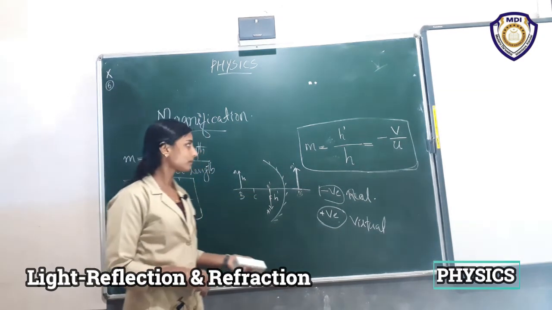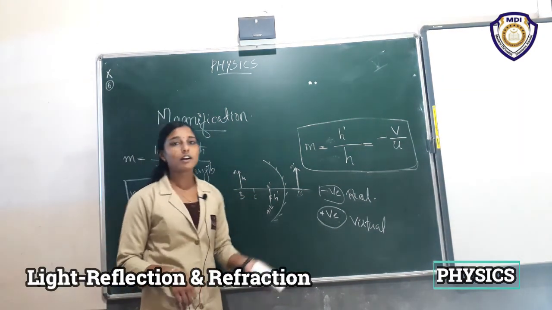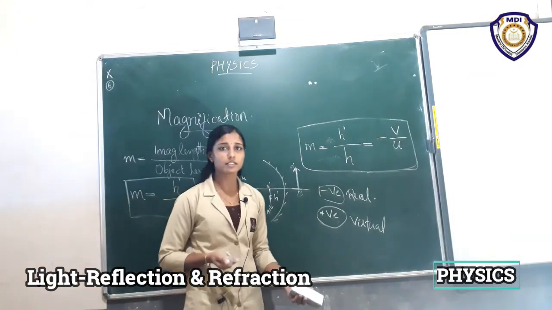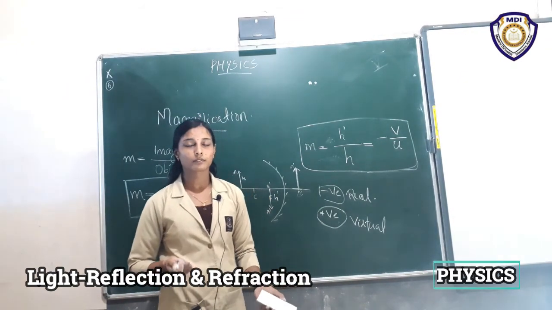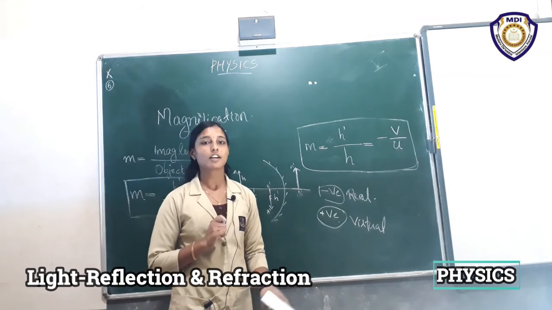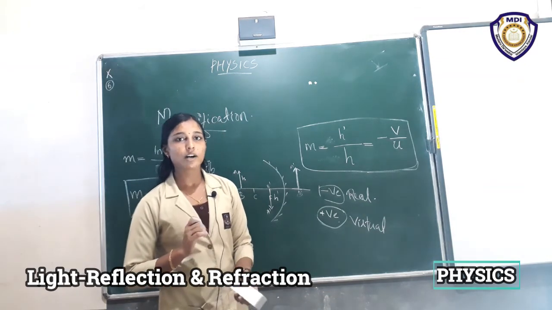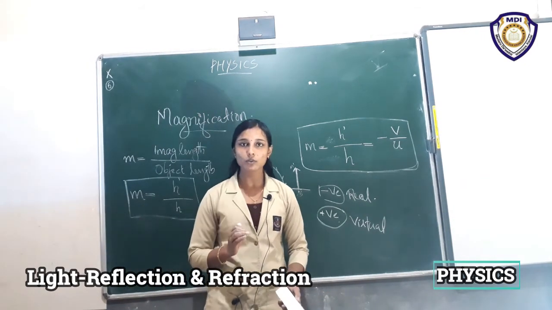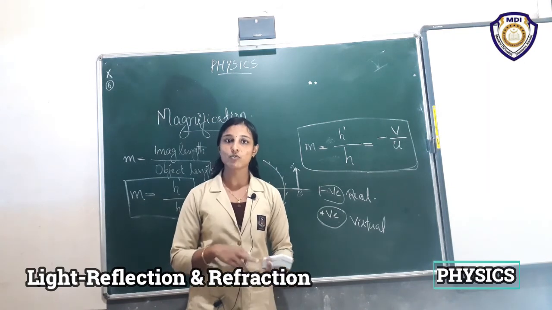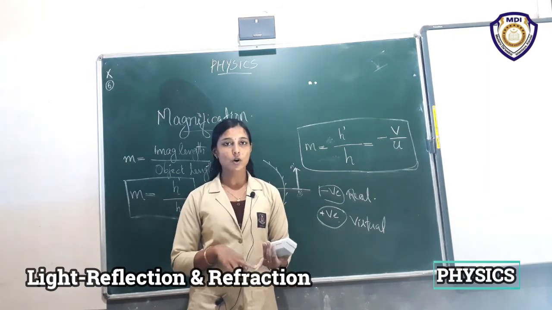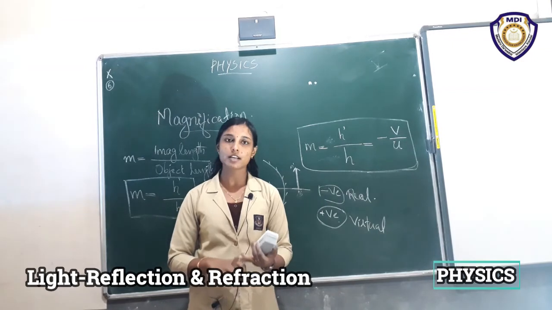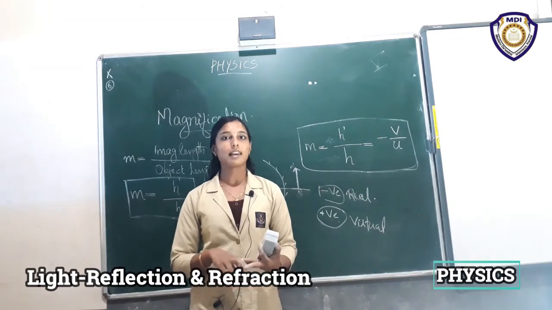Also the mirror formula: 1 by u plus 1 by v is equal to 1 by f, where u is the object distance, v is the image distance, and f is the focal length.